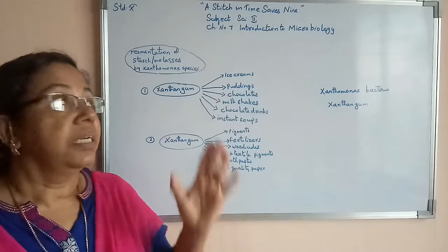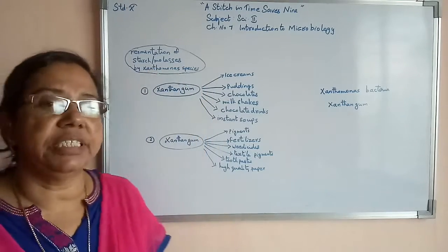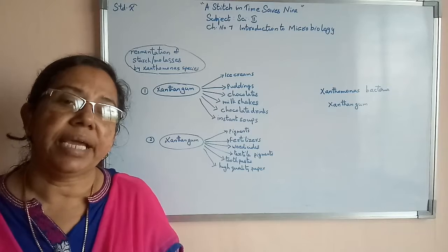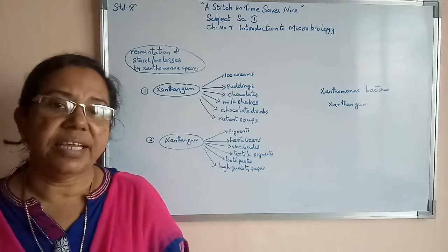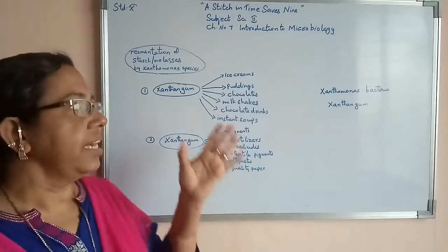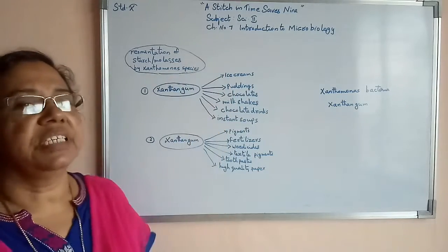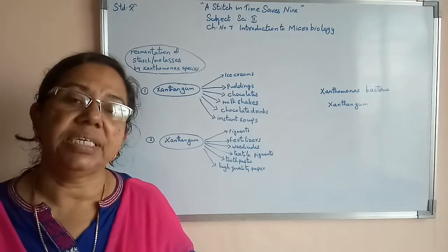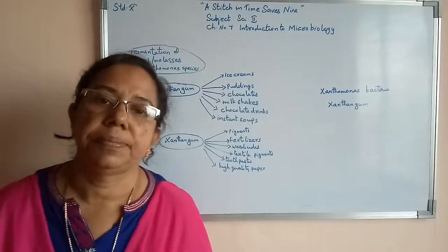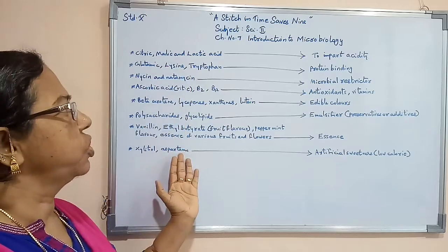In that, this Xanthomonas species can grow and make xanthan gum. That xanthan gum is added to various types of foodstuffs, and we use it for making various types of products.